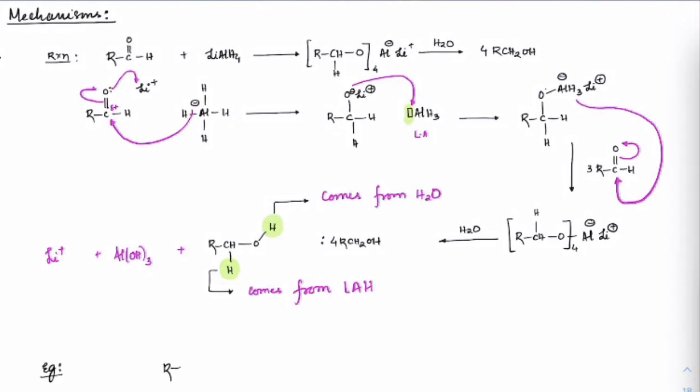Okay, we have R C double bond O, R dash in the presence of lithium aluminum hydride and then D2O, deuterated water.